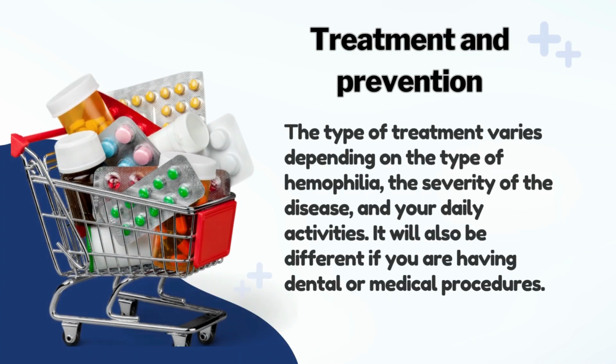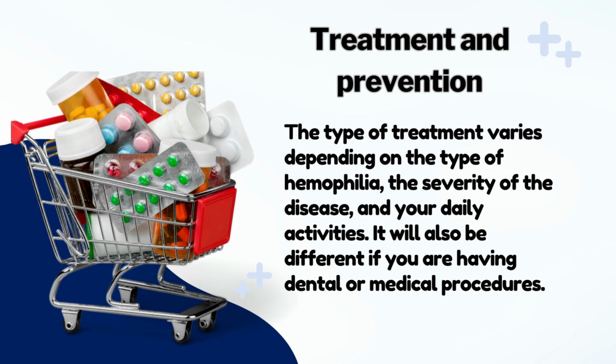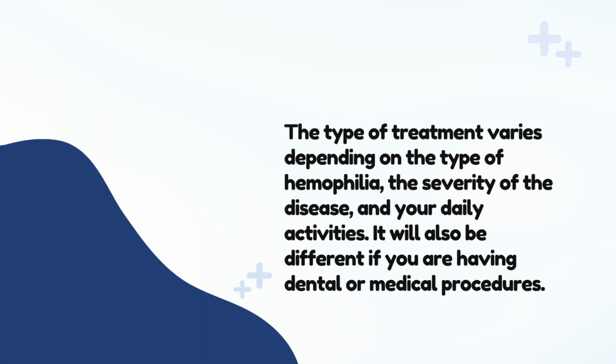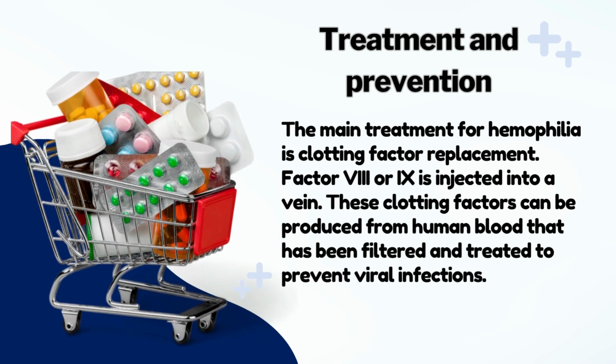Treatment and prevention. The type of treatment varies depending on the type of hemophilia, the severity of the disease, and your daily activities. It will also be different if you are having dental or medical procedures. The main treatment for hemophilia is clotting factor replacement. Factor 8 or 9 is injected into a vein.